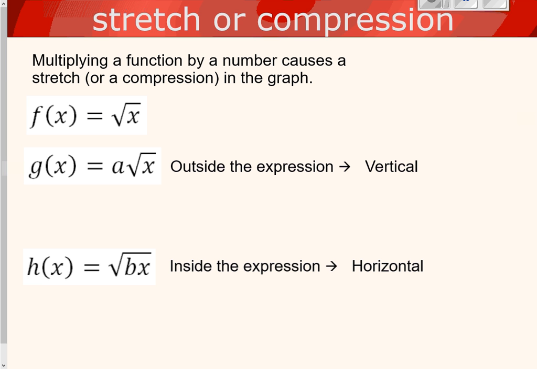So if we have a function f of x is equal to, for example, the square root of x, and g of x is equal to a times the square root of x, notice that the a is outside of the expression, and therefore it's going to be vertical. Now, if a is greater than 1, so 1.1 all the way up to wherever, then that's going to cause a vertical stretch.